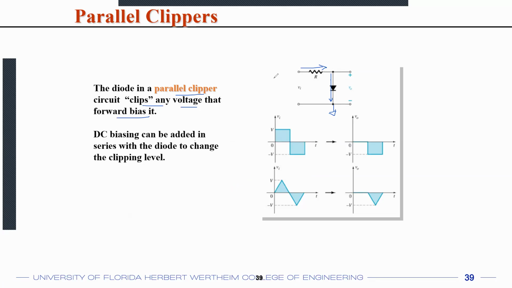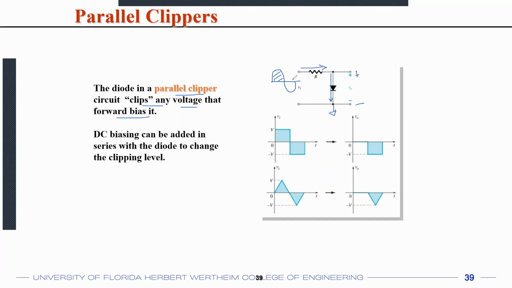Let's take a look. If you have a sine wave at the input side, whenever the sine wave has the positive half cycle, the diode is forward biased. If the diode is ideal, it will have a voltage drop of 0 across it, and all the voltage drop will happen across the resistor. Because you're taking your output across the diode, when your input is in the positive half cycle, the voltage across the diode is 0 volt because the diode is forward biased.